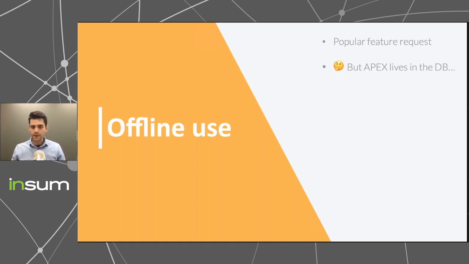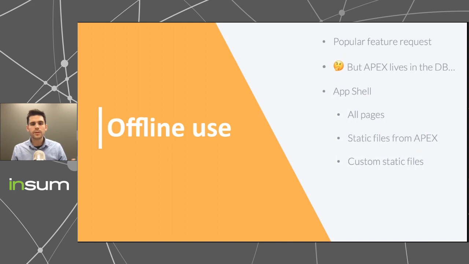So the Apex server, which is the Oracle database, is still remote. So when we are offline, we cannot reach that remote server, right? It truly leaves us with only one option, which is caching the application.